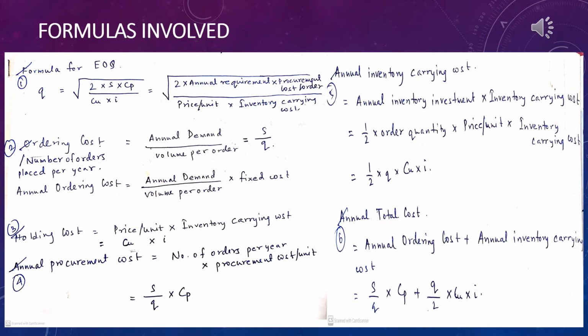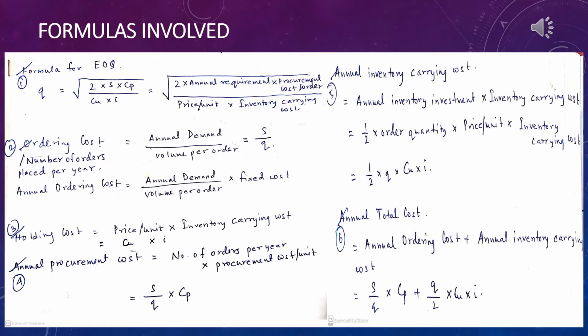If we talk about the annual inventory carrying cost, annual inventory investment into the inventory carrying cost should be the annual inventory carrying cost. Now annual inventory investment is nothing but half of the ordering quantity into the price per unit, and inventory carrying cost is taken as I. So half into Q into CU into I should give us the annual inventory carrying cost.